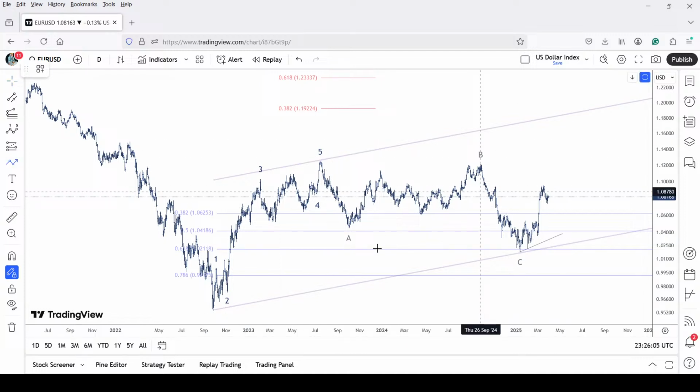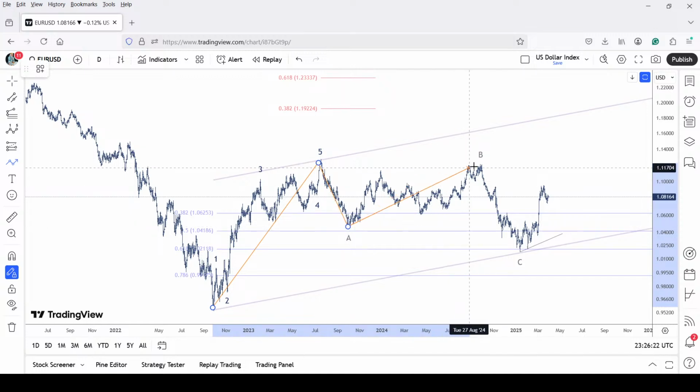So the larger degree count is clearly identifying a classic Elliott wave pattern, which is a 5-wave higher, which is impulse, followed by a 3-wave lower, A, B, C, and ideally this pattern should complete 5-wave higher from here.